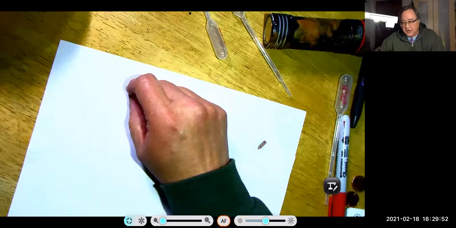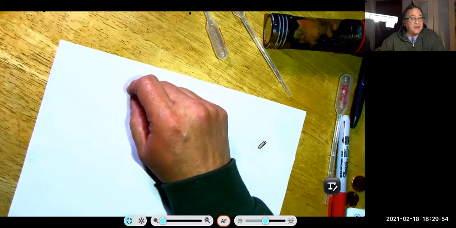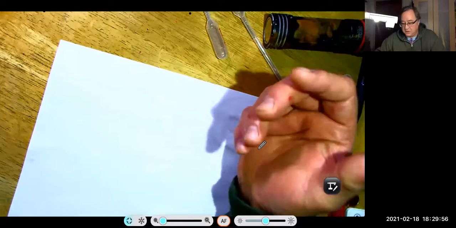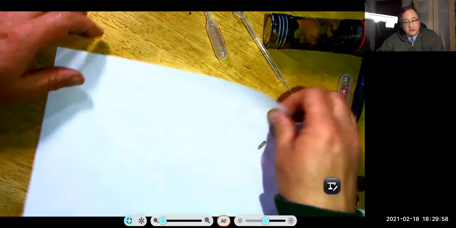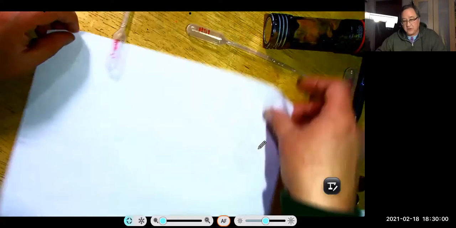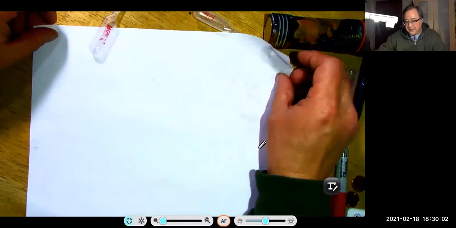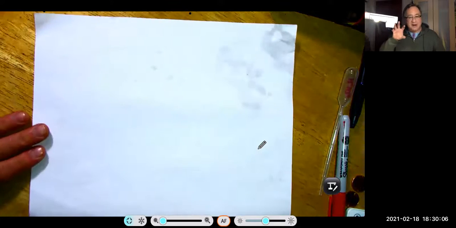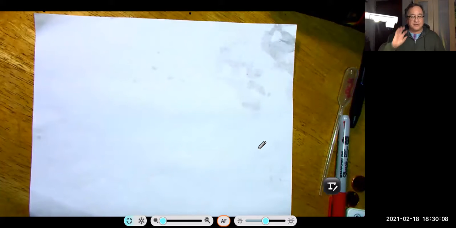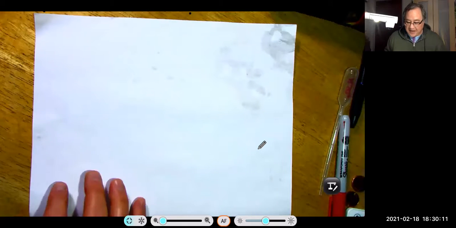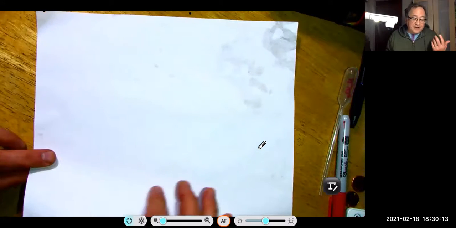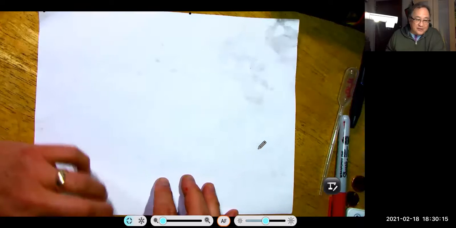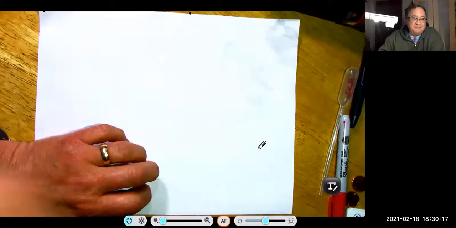Coleslaw, man, coleslaw. Or you could make a red sauerkraut, or you could use it in stir fry, or you could keep it in your refrigerator and show it to friends and say, look what I got, red cabbage, and I don't know what the heck to do with it, because I have red cabbage in my fridge and I've had it there for a year, and the only thing I use it for is this.